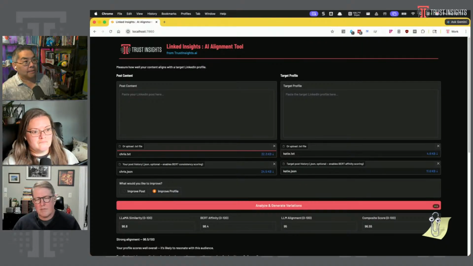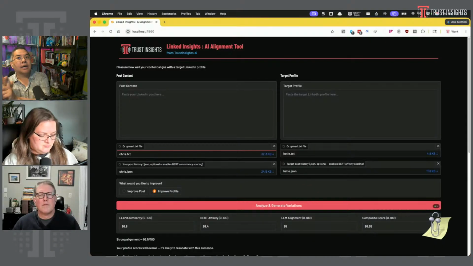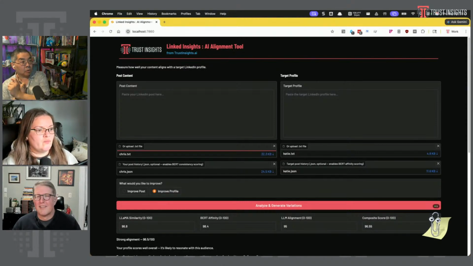There are 4 different AI models running behind the scenes that attempt to replicate as closely as possible the current LinkedIn algorithm. There's Llama 3, Qwen, a BERT model for the metoids, which are semantic concepts in posts, and then Nemotron Super.